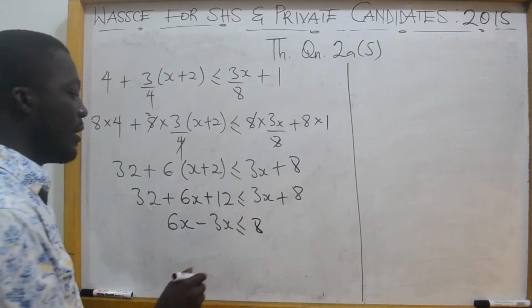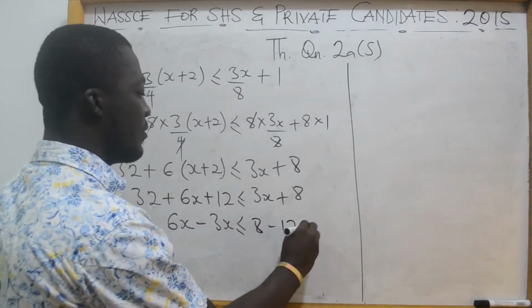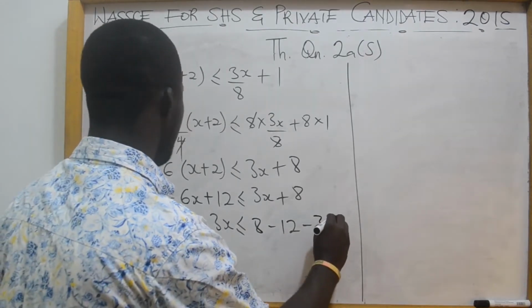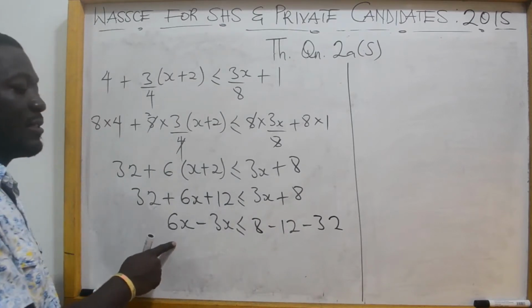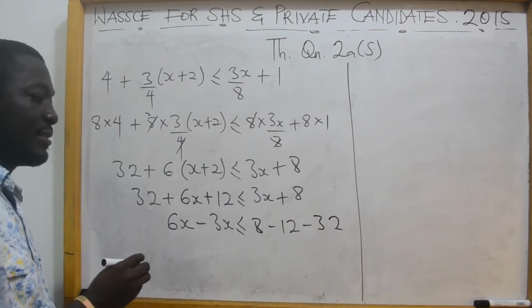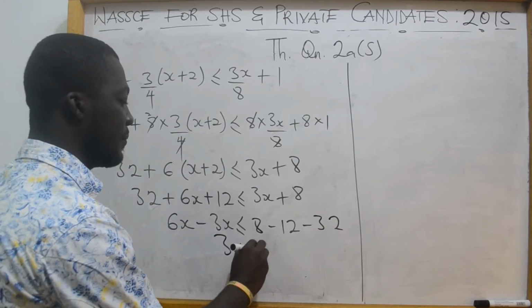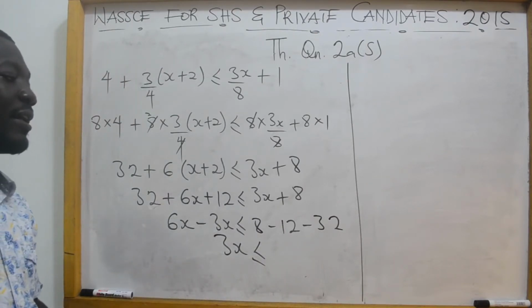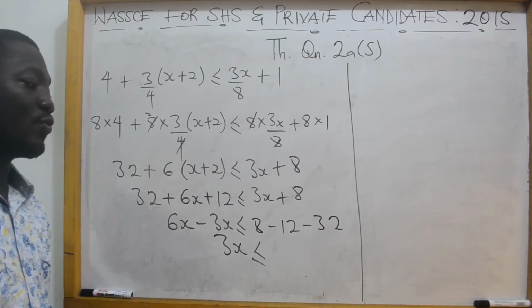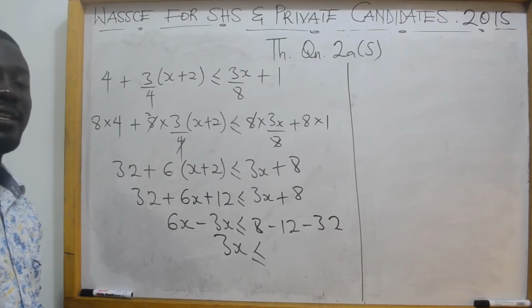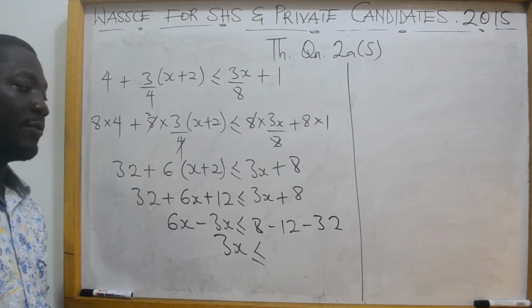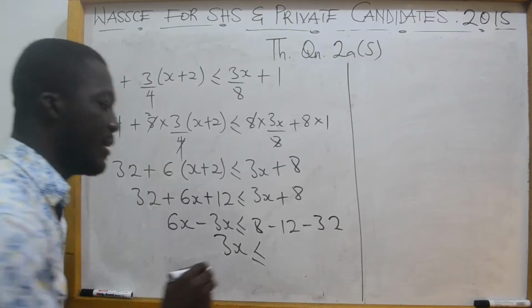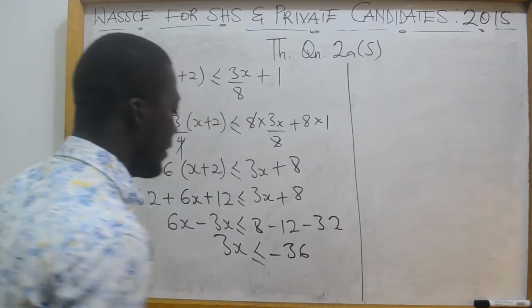So 8 is already there, then minus 12 minus 32. 6x minus 3x is 3x less or equal to 8 minus 12 will give us negative 4.